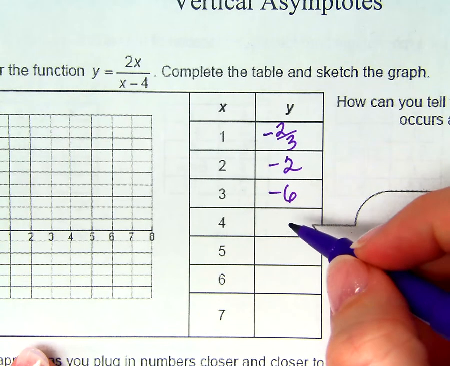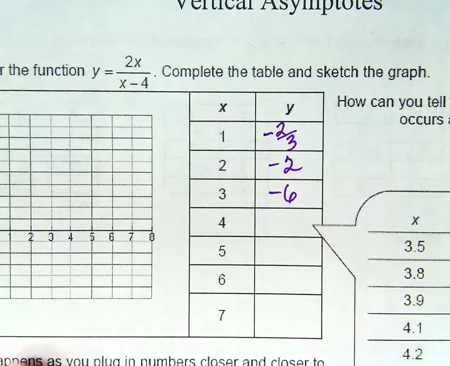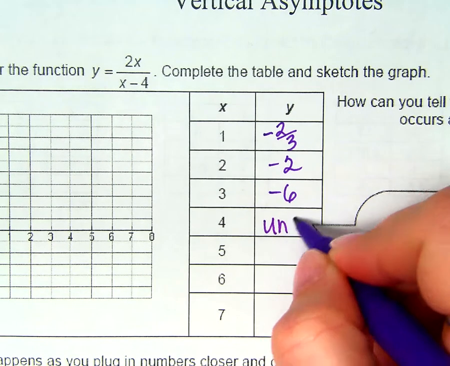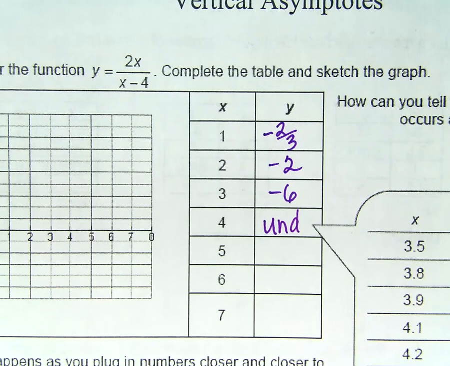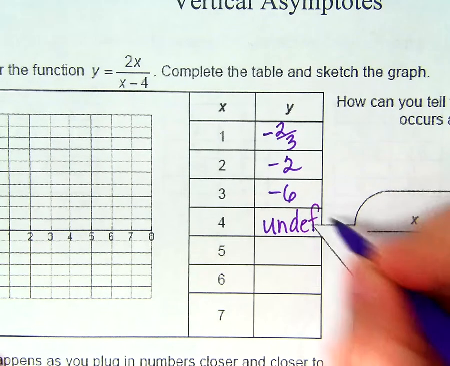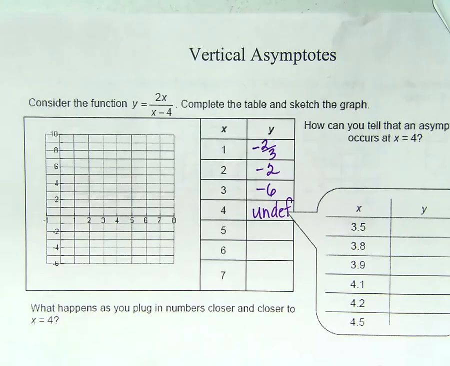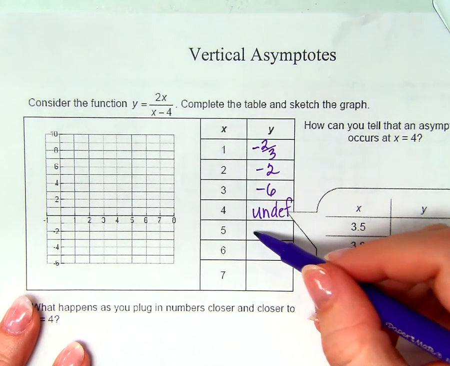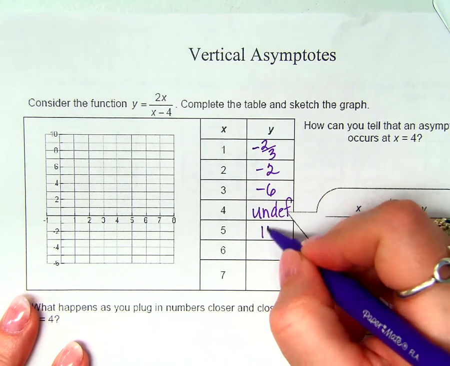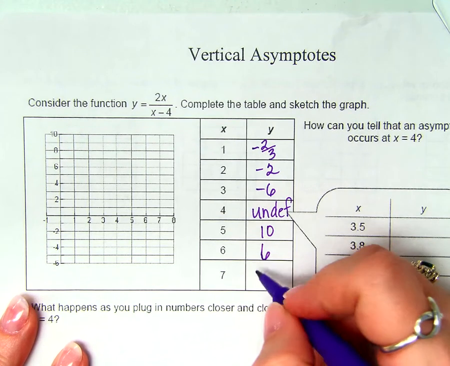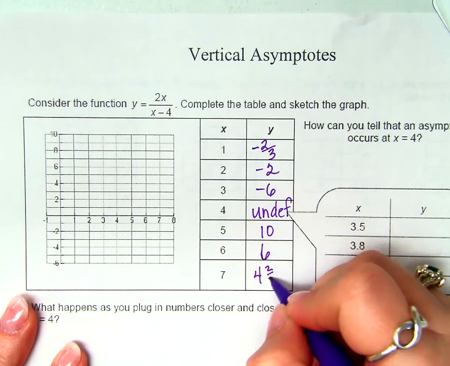What's it say on your table? Undefined. I think what it says is UND. What about 5? 10. 6? 6 and 7 is 4, so 4 and 2/3, right?